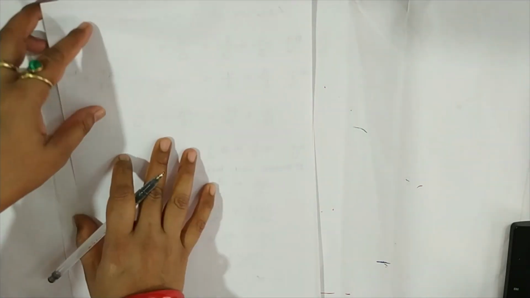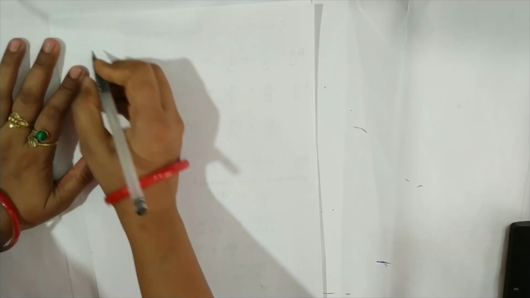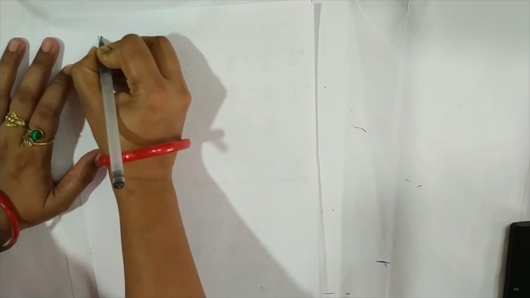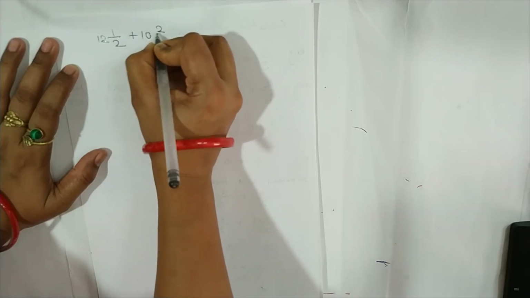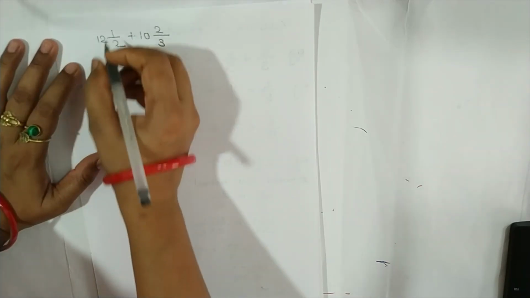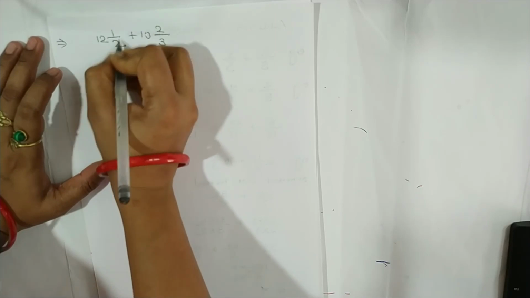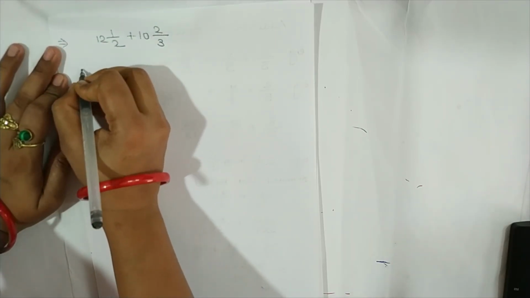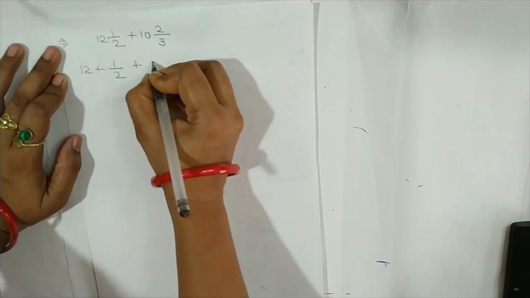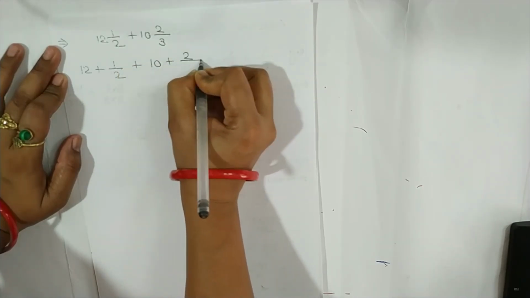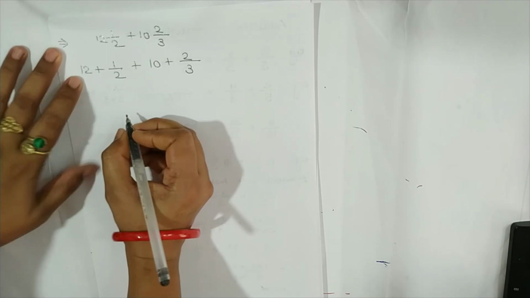Now the same question we have to solve by the other method. This will be 12 1 upon 2 plus 10 2 upon 3. We know that a mixed fraction can be written as a whole number plus a fraction. Now separate the whole numbers and the fractions.